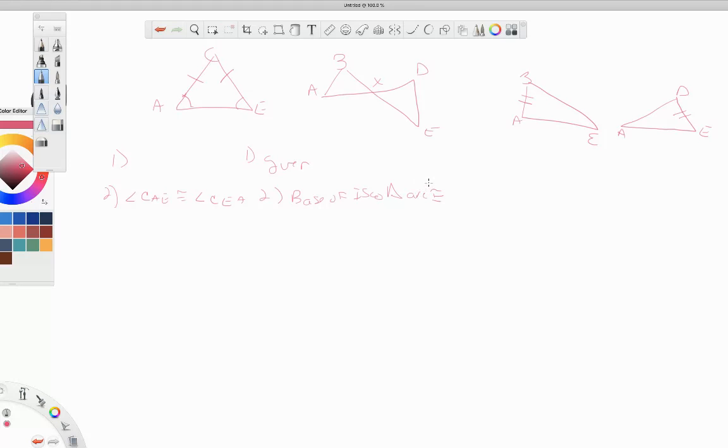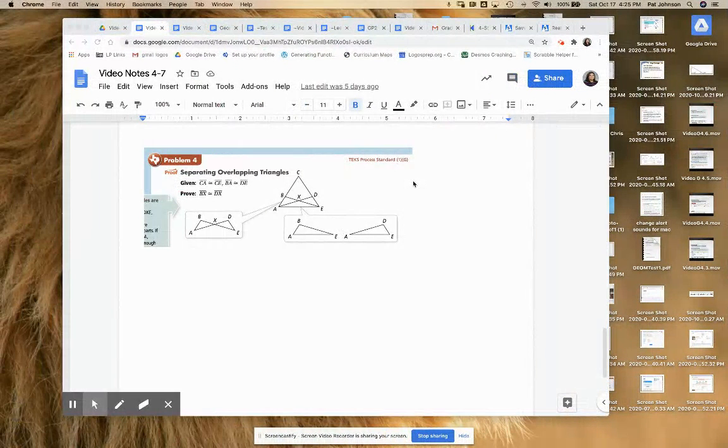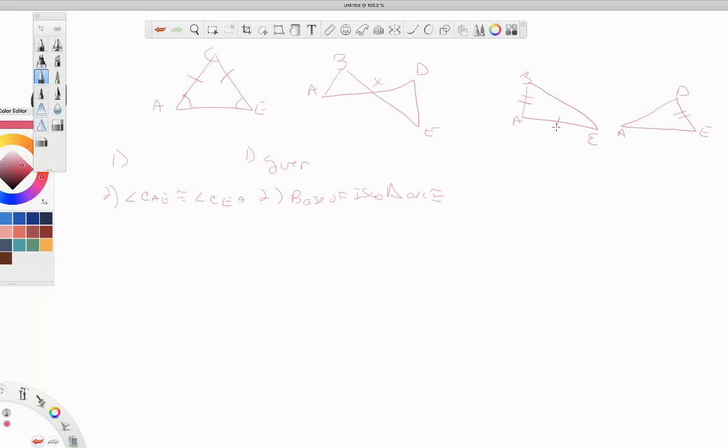Then I'm going to say, if you notice that they share here, on this box here, that they share AE, these two triangles. So these two are congruent. So I'm going to say that AE is congruent to AE. Why? Because of the reflexive property.